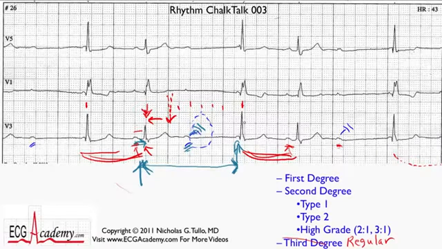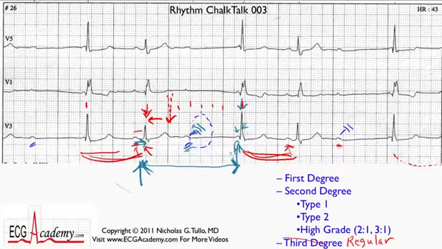So an area in the conduction system fires as an escape focus, because the normal escape rate of the AV junction is about, like I said, 40 beats per minute or so, and this is clearly lower than 40 beats per minute. So that would explain why the P and the QRS occur nearly simultaneously, and that's because this happens to be an escape beat.